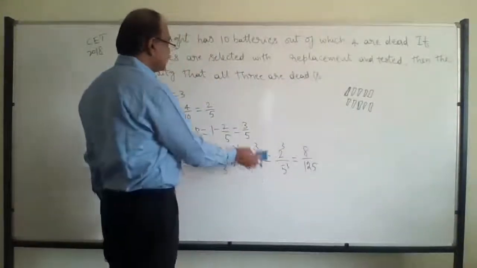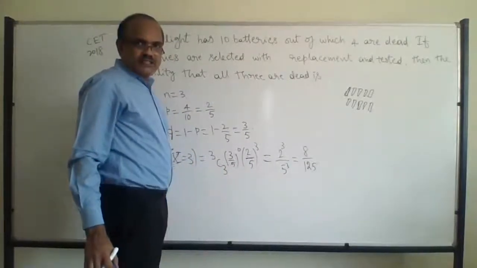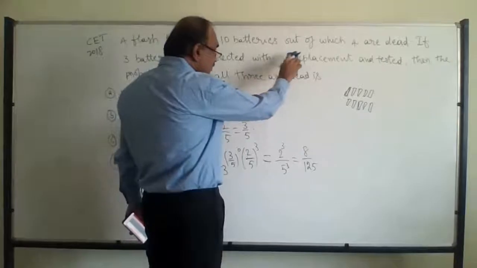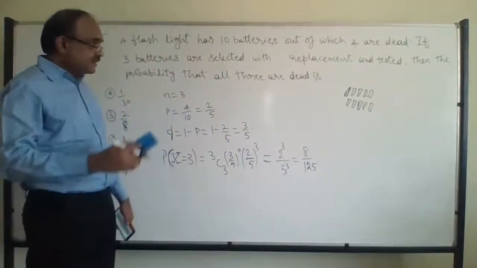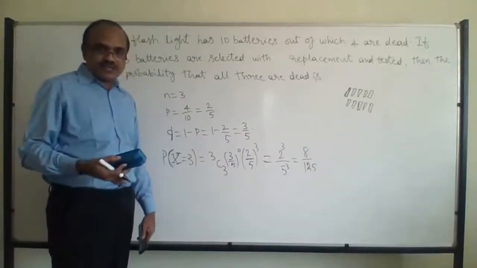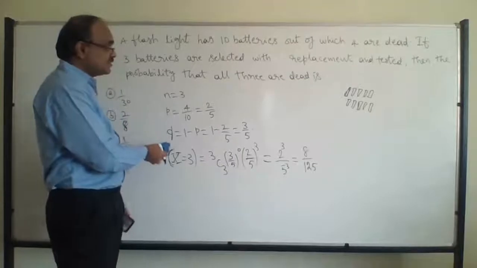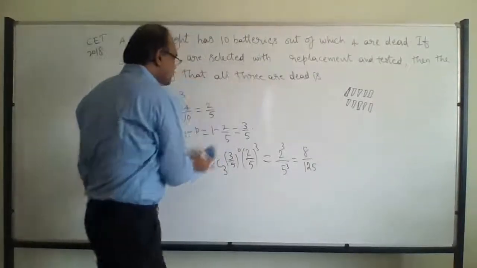With replacement, you can apply Bernoulli's trials. But the question here is without replacement. When it is without replacement, every time the probability is changing. For every trial, the probability is changing. That's why you cannot use Bernoulli's trials. But I just made a small change here. With replacement, you do it.